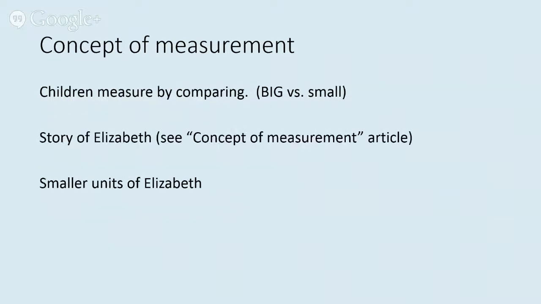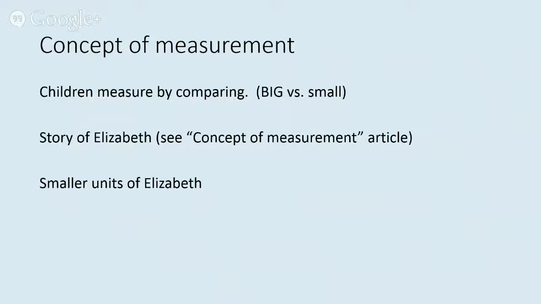So let's go on. I want to tell you about an article entitled The Concept of Measurement. This article is also on your lessons under Unit 4, Measurement. It's an article that's written about measurement and the whole concept of measurement. One thing they tell you there is that children measure by comparing.